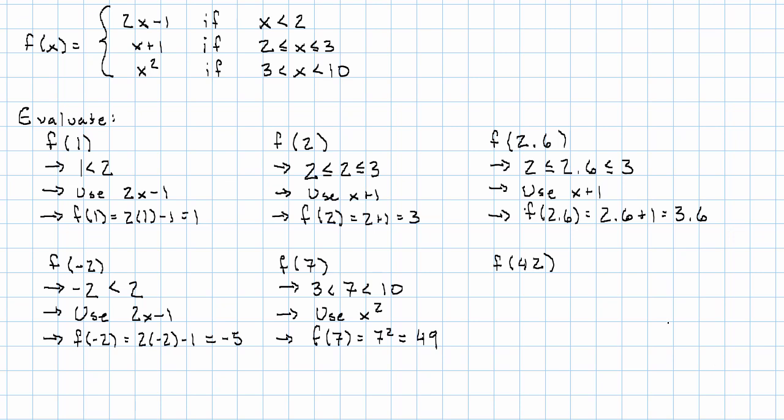And finally, what about 42? 42 is not less than 2. It's not between 2 and 3. It's also not between 3 and 10. All of the inequalities are false when x is 42. Therefore, f of 42 is undefined. 42 is not in the domain.